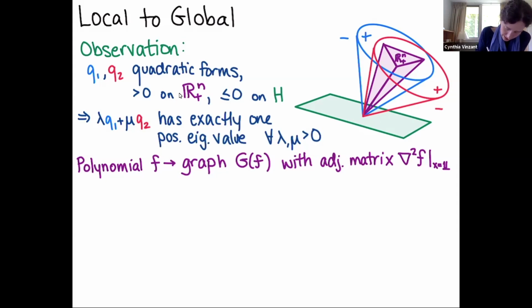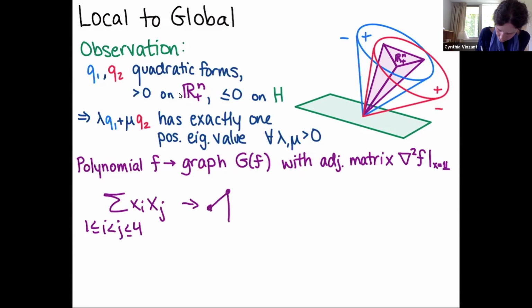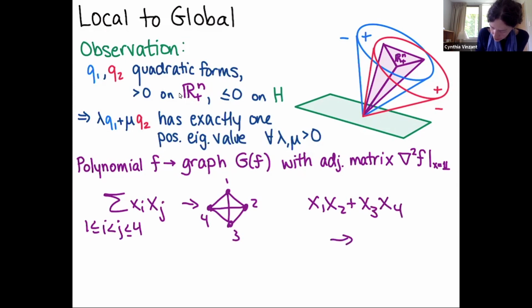So just as an example, if I took the elementary symmetric polynomial that I've been doing so far, this would just give me the complete graph. If I took the non strongly log concave polynomial, this would just give me a disconnected graph.